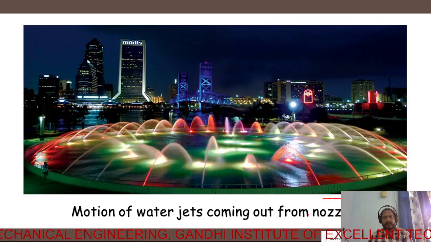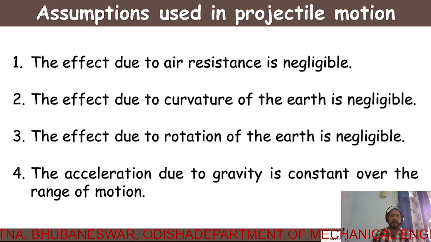Clear? So what are the assumptions? These are the four assumptions which are taken into consideration in projectile motion. The first assumption is that the effect due to air resistance is negligible. And remember, whenever you're throwing a cricket ball, when you're throwing near a wicketkeeper, or a bowler, I think everybody is fond of cricket, practically it is not possible that air is not present.